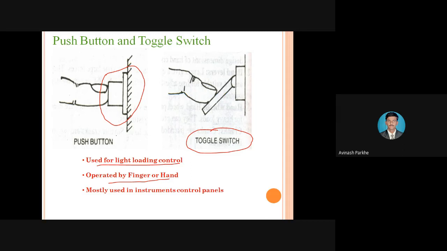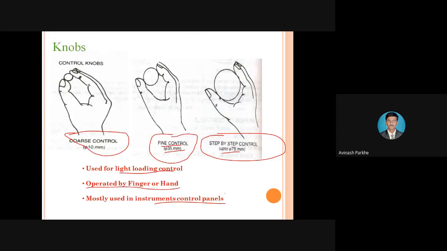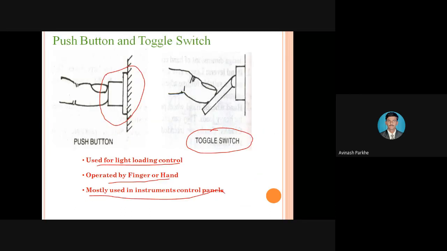But what is the requirement? Such push buttons or toggle switches should be provided near that particular operator or on the machine only, so all the switches can be easily operated and are accessible to that worker. Also, mostly it is used for instrument control panels, similar to the knob.